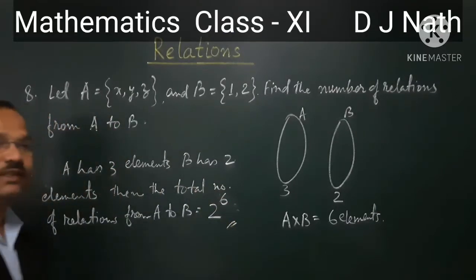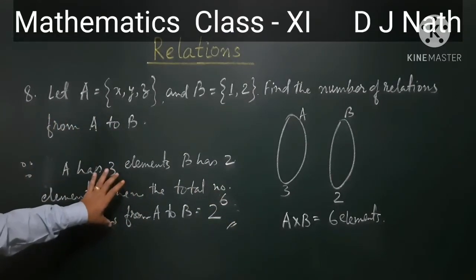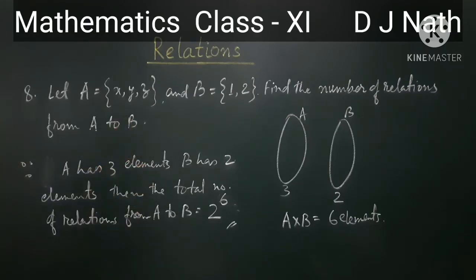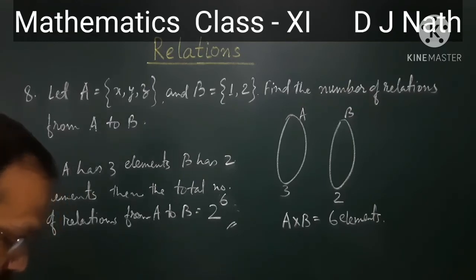So this is a formula for finding the number of relations between two sets.